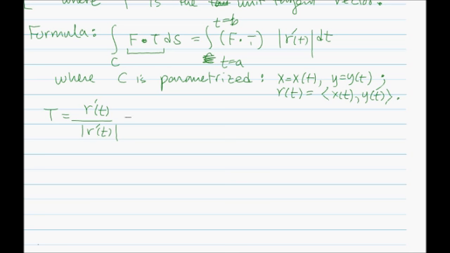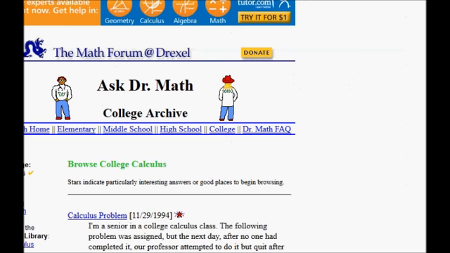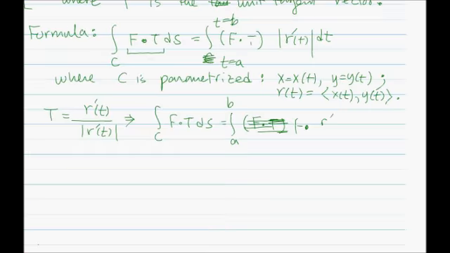So the line integral is equal to the one-variable integral from a to b of F dot T, which is, sorry about that, let me do that again, F dot r prime divided by the absolute value of r prime, that's a dot product, and then the absolute value of r prime dt. Because the absolute value of r prime terms are scalars, we can cancel those.